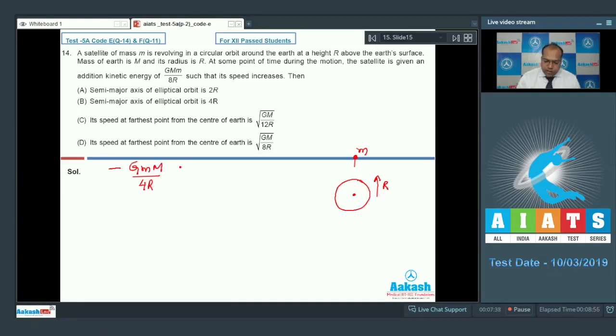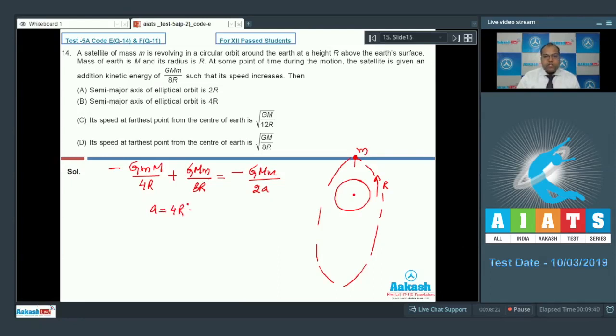Now the additional kinetic energy provided is G into capital M into small m divided by 8R, and that must be equal to, suppose it will move in an elliptical path, the total energy in the elliptical path, given by minus G capital M small m by 2a, where 2a is the length of the major axis. If I solve this equation, the value of a comes out to be 4r.